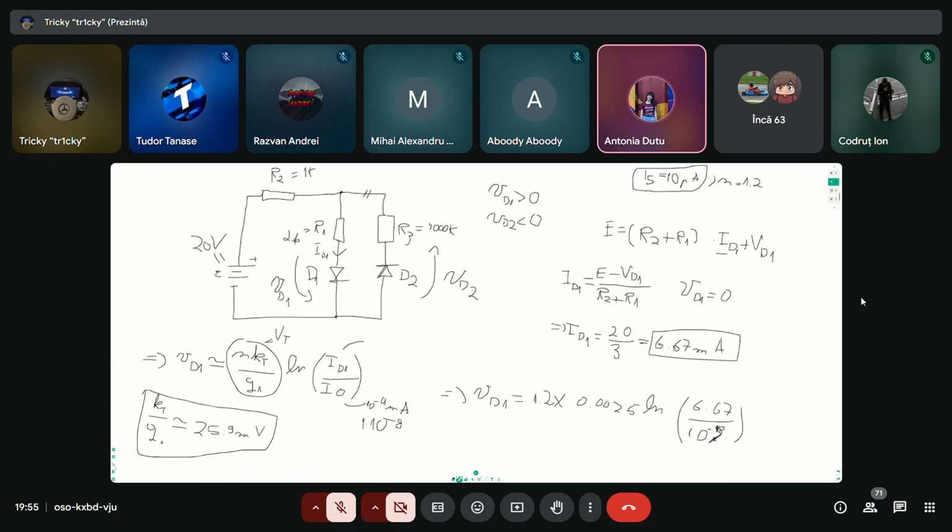Auzi, dar nu e 25 de milivolți, nu e 0,025 volți? Asta e așa, scuze. Stai să pun asta pe calculator.